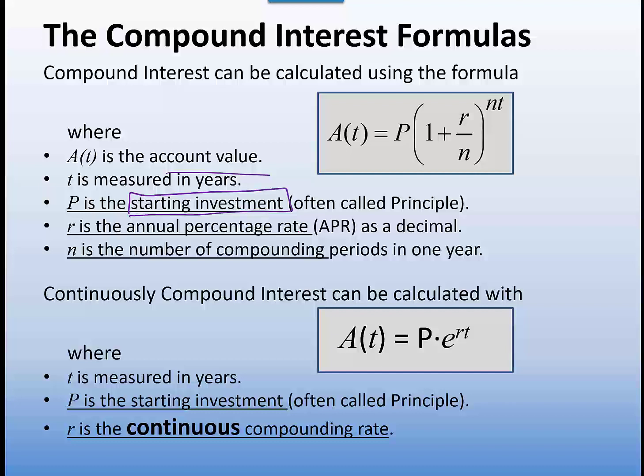But sometimes they calculate the interest you earn biannually. That means twice a year. So N would be 2. Or sometimes they calculate it quarterly, which N is 4, or monthly, N is 12. Or sometimes they calculate it daily. You calculate your interest earnings every day, and N would be 365.